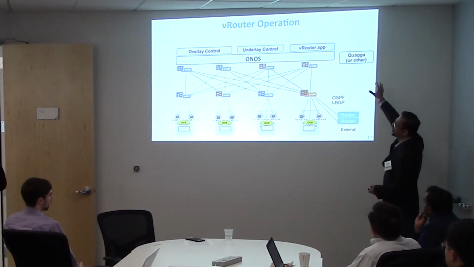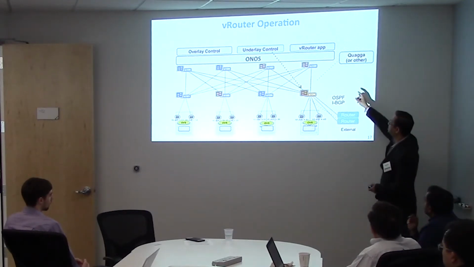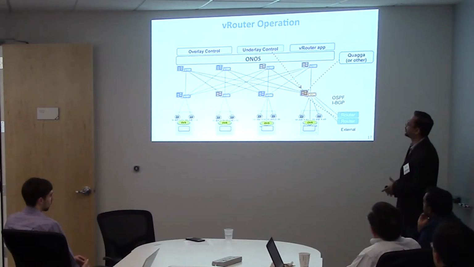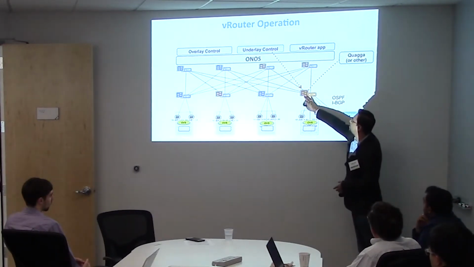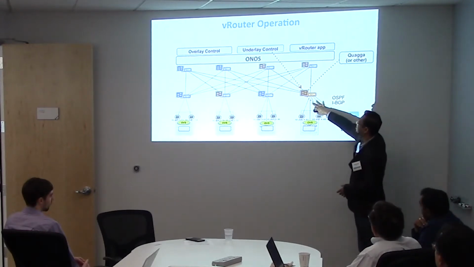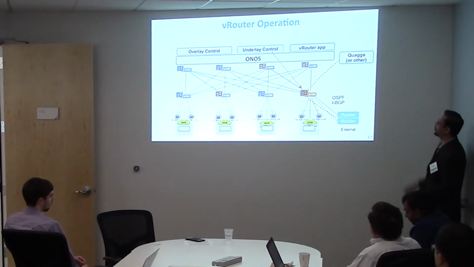So this is how it works. We have Quagga or any other routing protocol suite running that is communicating with the outside world and establishing, say, the BGP session, okay? So the underlay control programs the leaf switches that are connected to the external routers to take this control plane traffic and send it to Quagga that establishes the sessions.